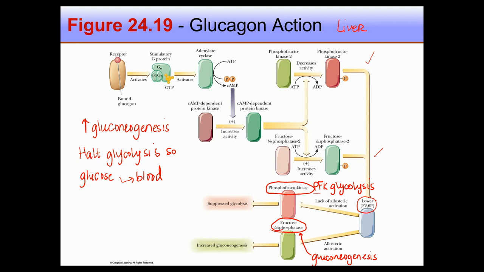decrease phosphofructokinase's action and then that suppresses glycolysis. And why would you want glycolysis suppressed? It's so that the liver won't use glucose for energy and can divert it to the bloodstream. Okay, and so this hormone is in response to low blood sugar.